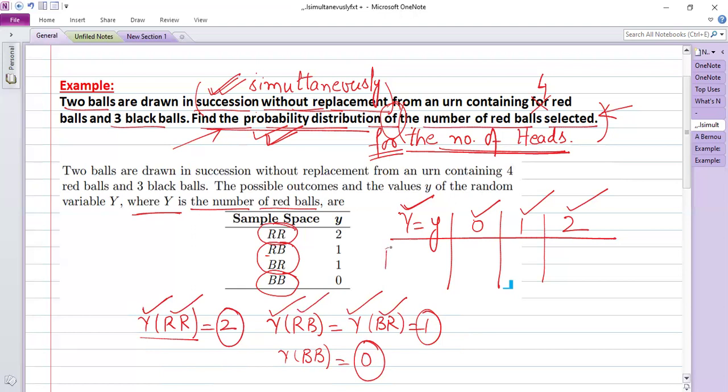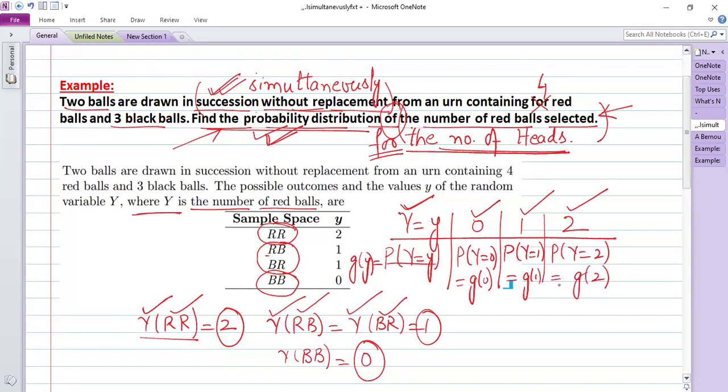Now, the probability that Y takes the value 0, the probability that Y takes the value 1, the probability that Y takes the value 2, I may denote this by some function g(y). So here it is g at 0, here it is g at 1, here it is g at 2.